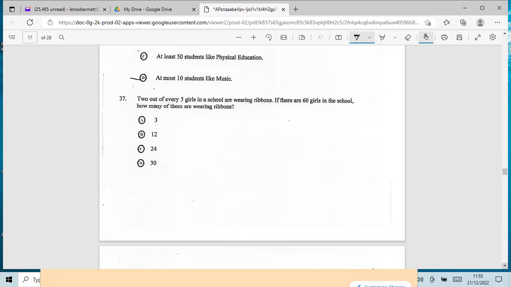37. 2 out of every 5 girls in a school are wearing ribbons. If there are 60 girls in the school, how many of them are wearing ribbons? What do you guys think? 2 out of every 5. If there are 60 girls, how many are wearing ribbons?